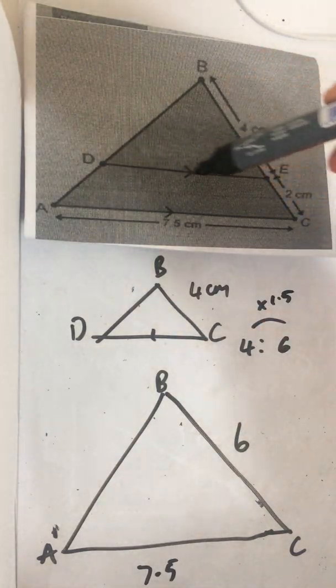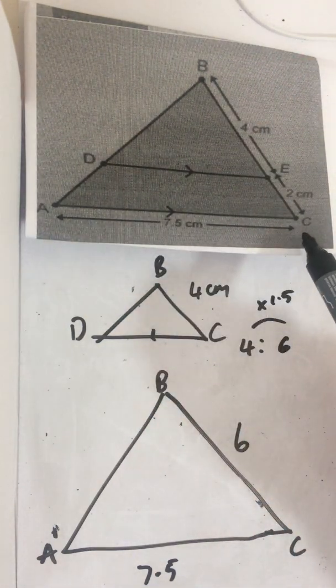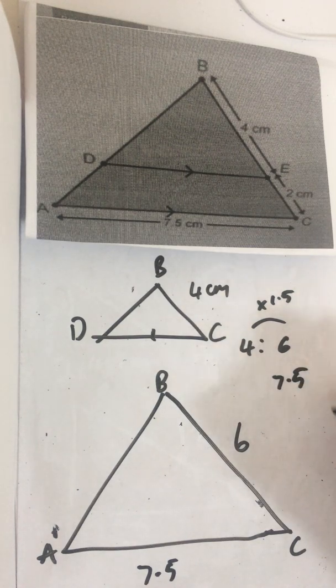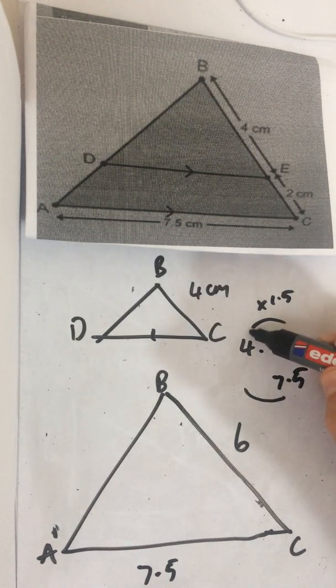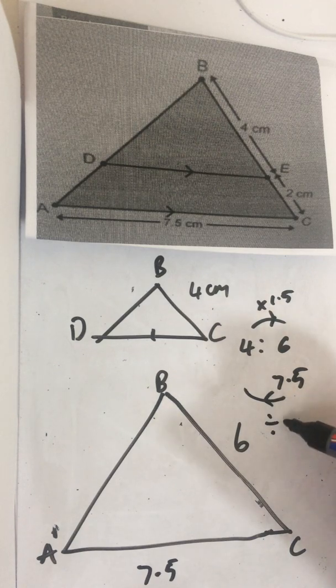So what is DC? What is this line DC? Now we know AC is 7.5. So this is in the ratio of the bigger triangle, 7.5. So we need to get down to here. If we're timesing by 1.5 in this direction, when we go in the other direction, we divide by 1.5.